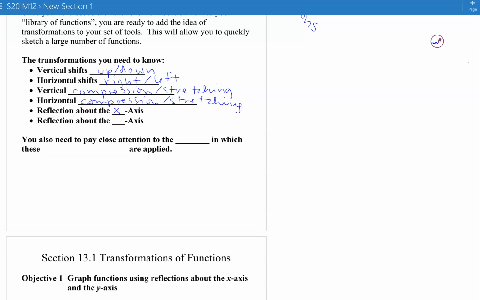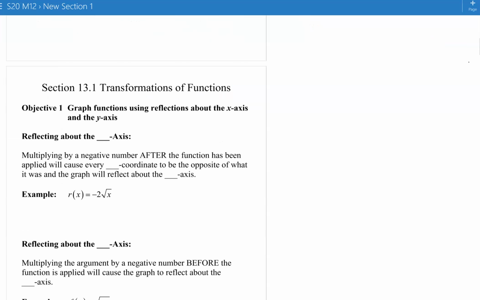Then we have reflection about the x-axis and reflection about the y-axis. And you need to pay close attention to the order in which these transformations are applied, because it can make a big difference in the result. So we'll talk some about how you know what the order is.